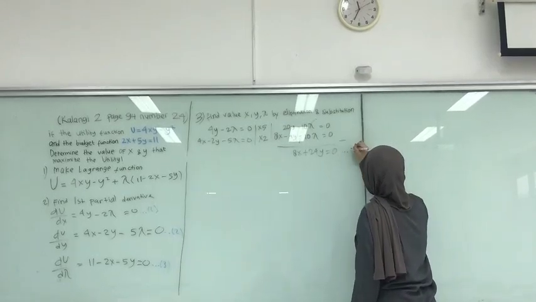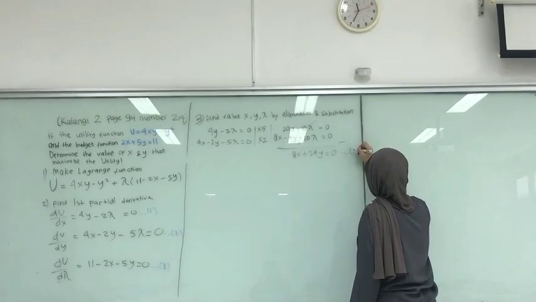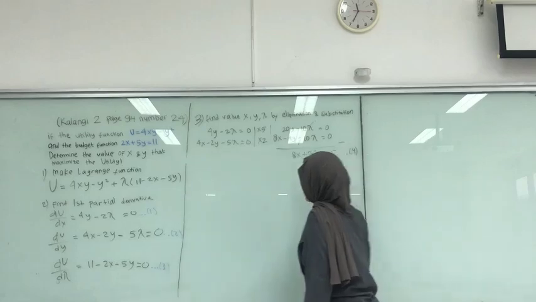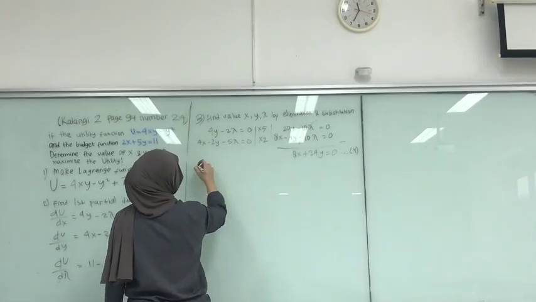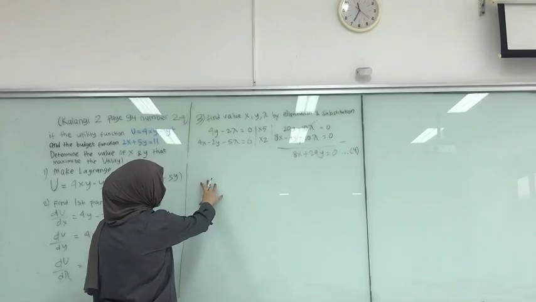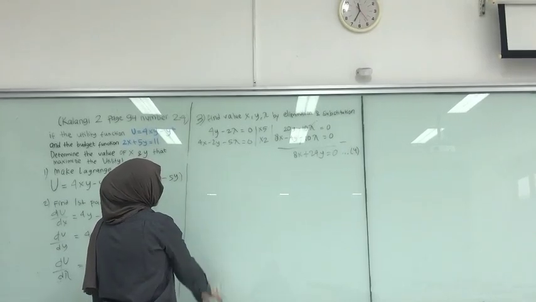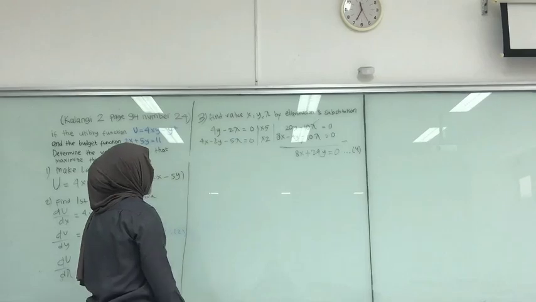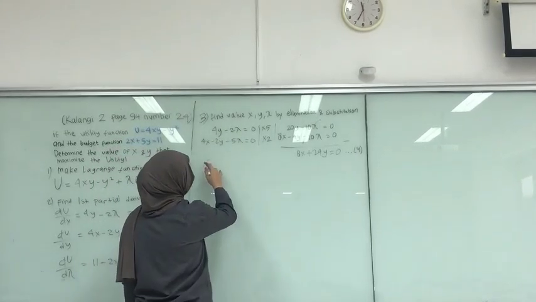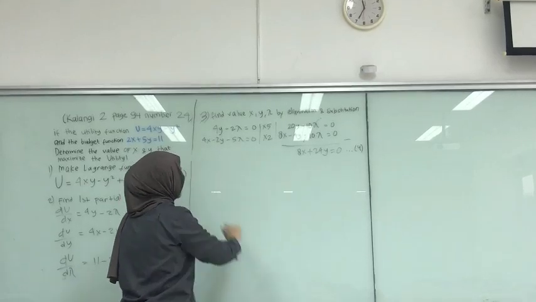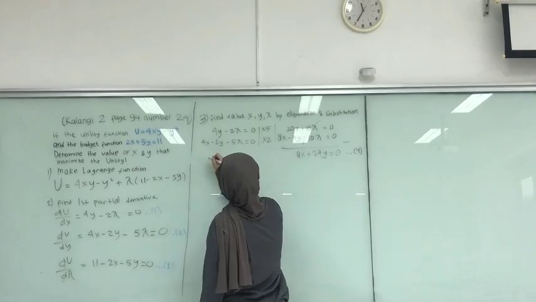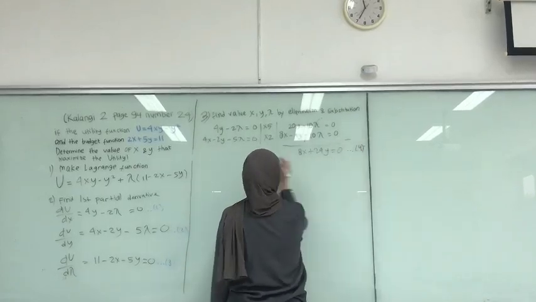Running out of ink here, and then we try to find x or y. You can choose either of them. I think we're going to find the y first by the third and the fourth equation.